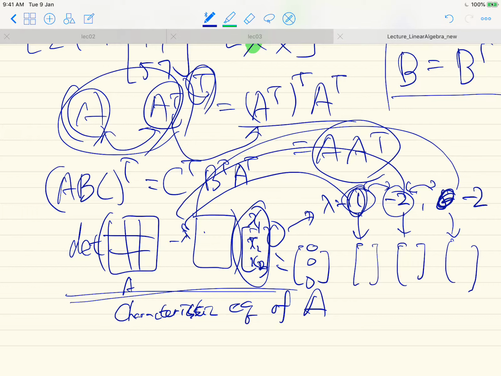But what if we have the roots of the characteristic equation all real, but the same eigenvalue appears twice? In this case, our characteristic polynomial would be something like (1 - lambda)(-2 - lambda) squared equal to 0.